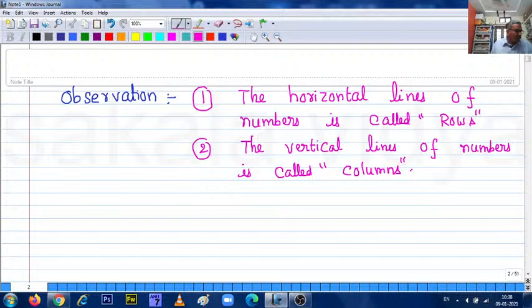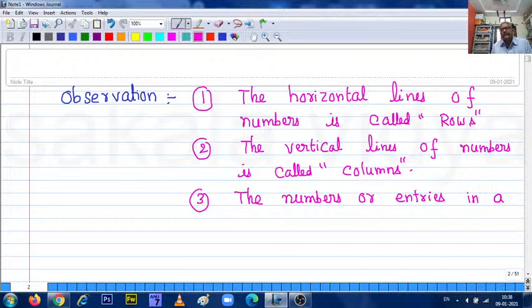Rows and columns. Next, the numbers that are entries in a matrix are called elements of a matrix.